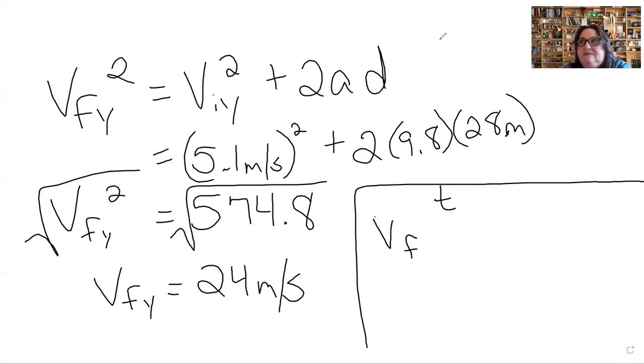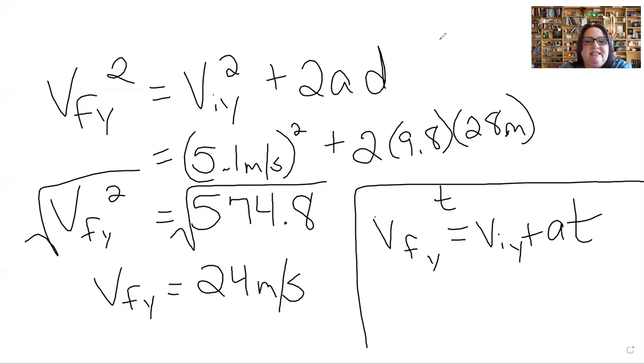So to find time, we have the final, and that's going to be on the y, equals the initial y plus at. Because I try to always use the easiest way to find our answers.